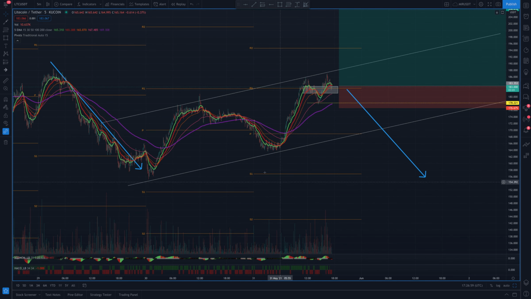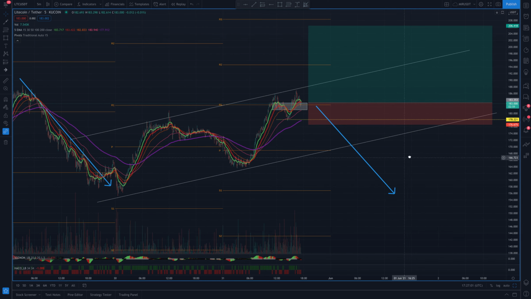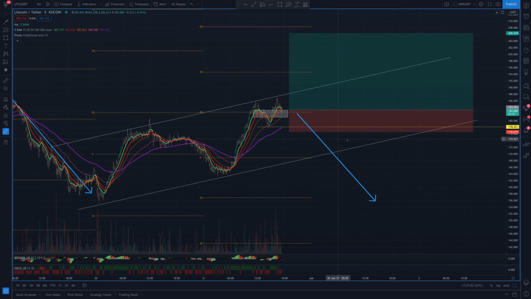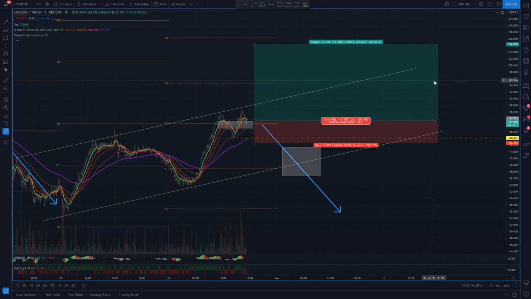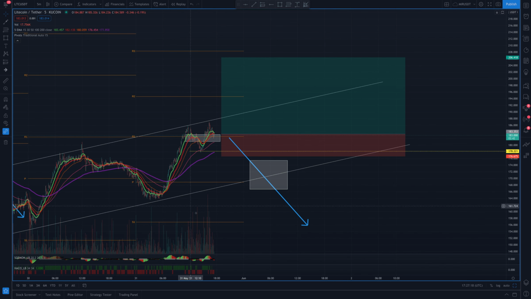No guarantee obviously, but there is a chance. So the aggressive trader might want to buy somewhere in this zone, but I'm not really into stuff like that.